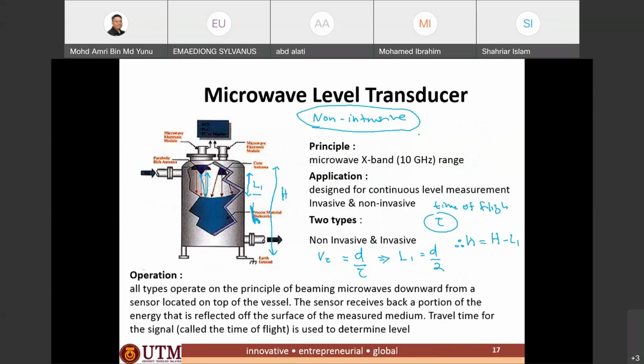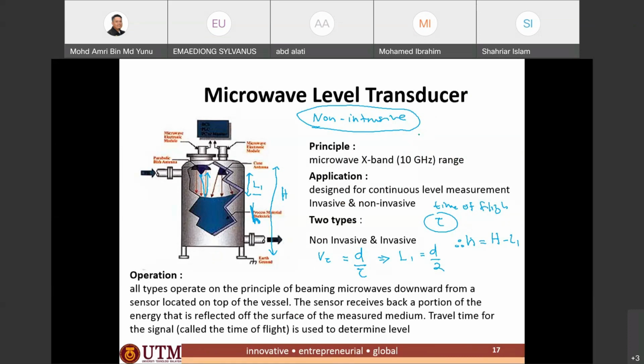Next we discuss the microwave level transducer. The microwave level transducer is a non-intrusive method based on microwave signal transmission. It is designed for continuous level measurement.